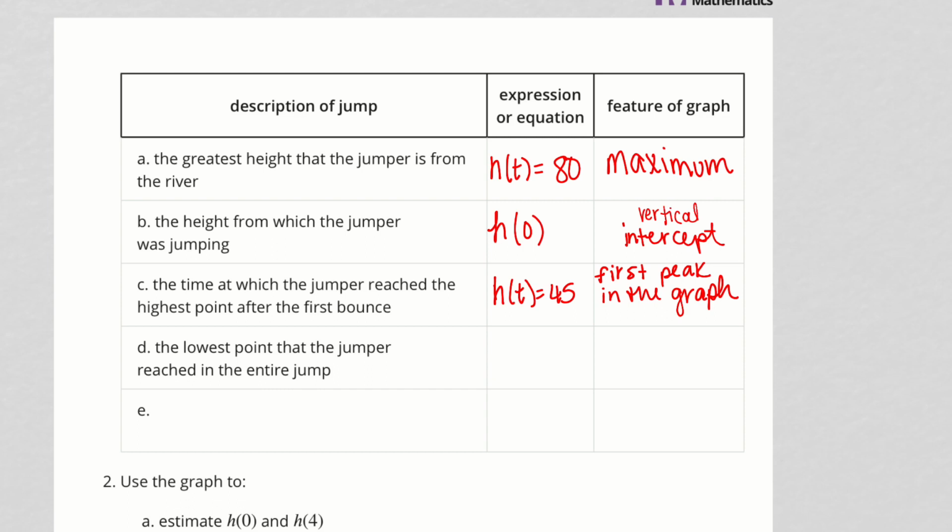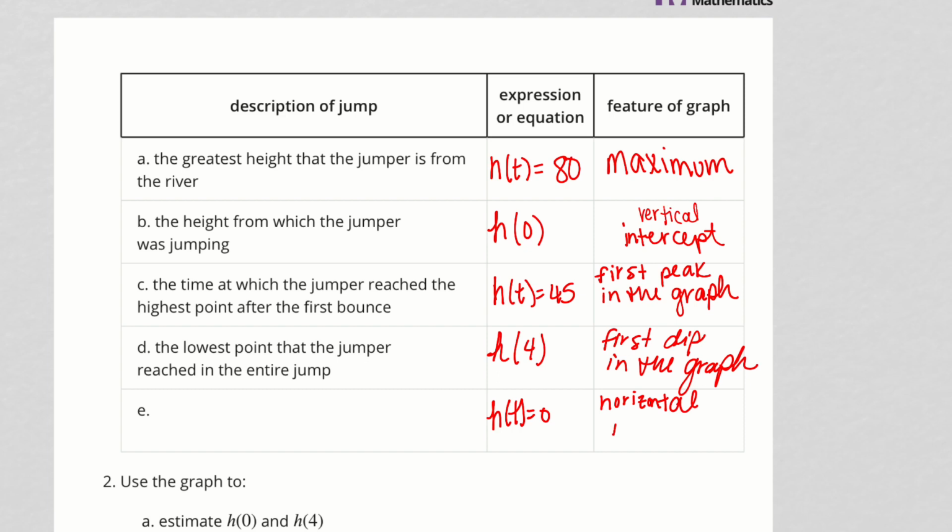So that is going to be h of 4. That's going to be our first dip in the graph. All right, so that's going to leave our h of t equals 0, and that was our horizontal intercept.